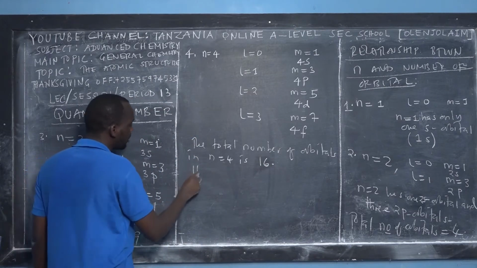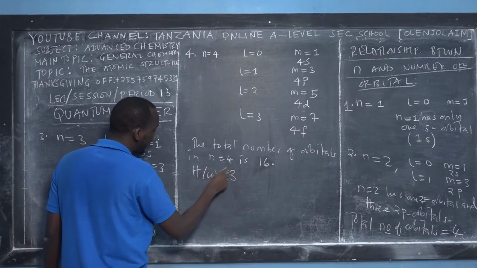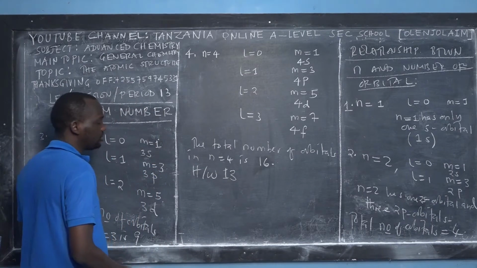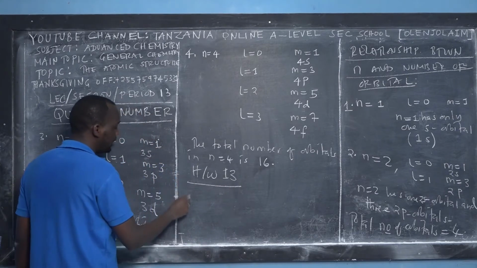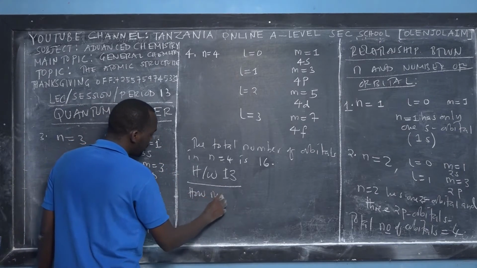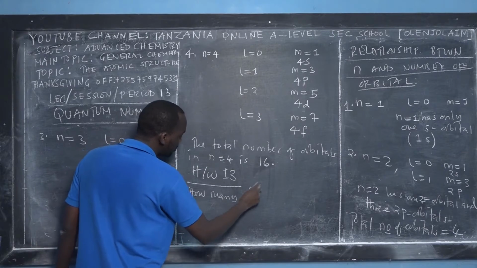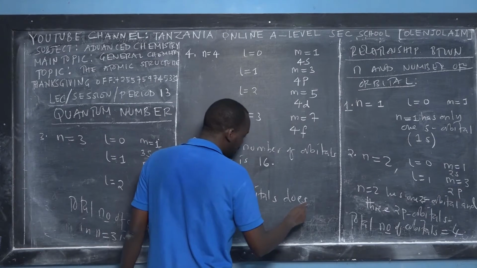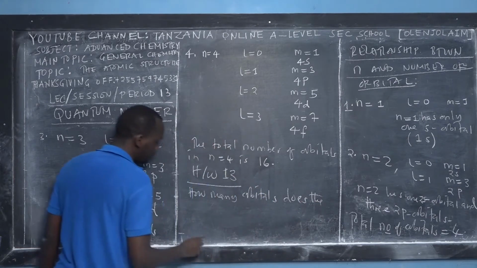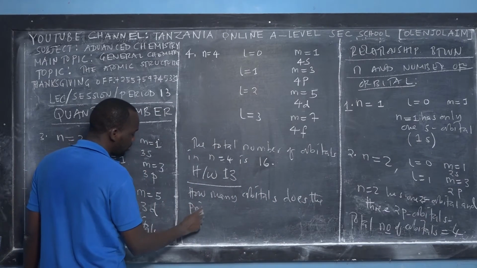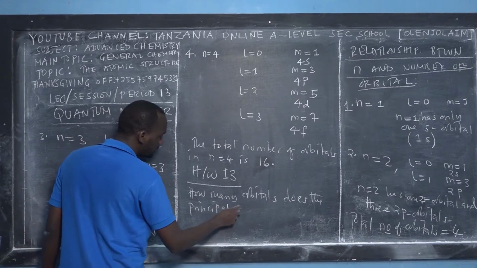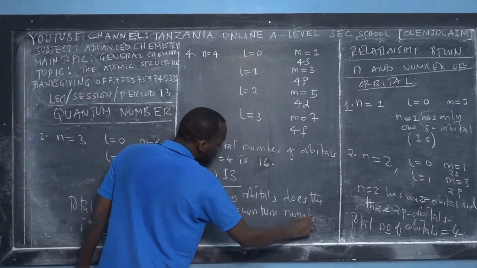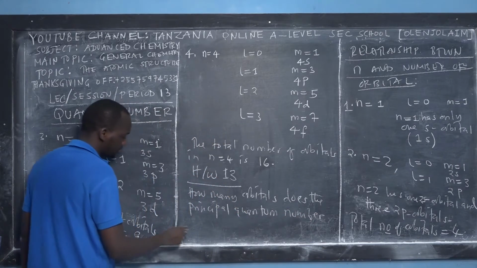So now your homework. This is homework 13. I can give you homework at the end of the session, at the beginning, or in the middle of the session. How many orbitals does this principal quantum number contain?